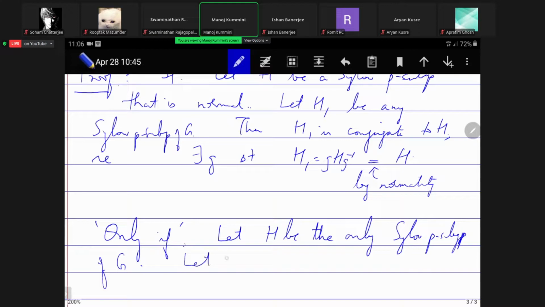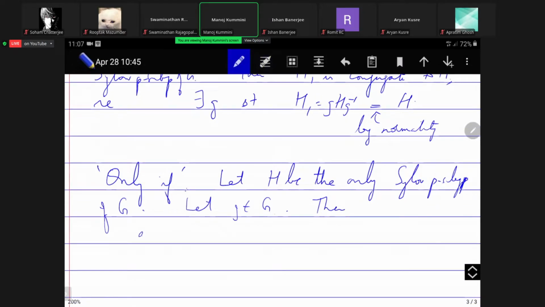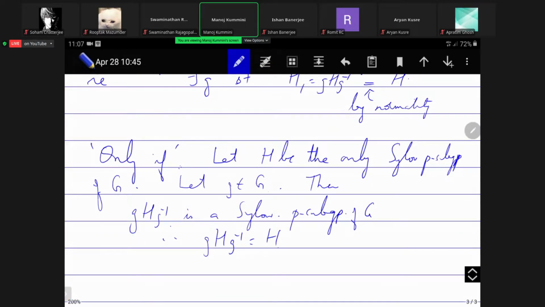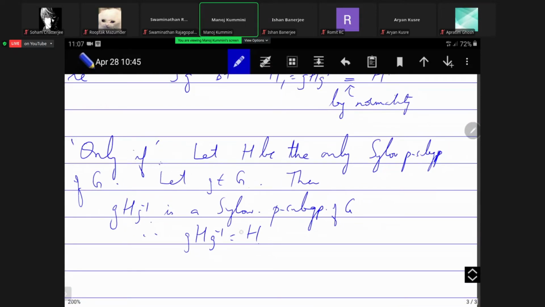So let g be inside G. Then gHg inverse is a Sylow P subgroup of G. Therefore, gHg inverse is H, and so H is normal.